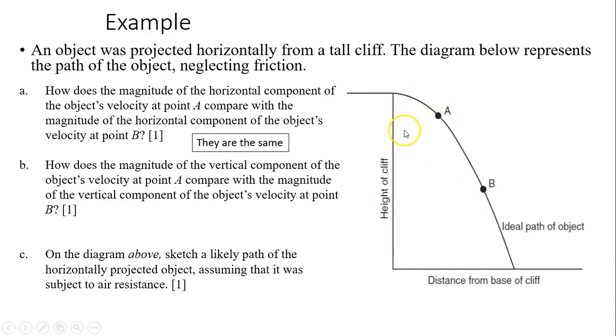Since the projectile is moving downward, its speed is increasing. So VB is bigger than VA. Now on the diagram, sketch a likely path of the horizontally projected object, assuming there was air resistance. Remember, air resistance shortens the horizontal distance, so it looks like this.